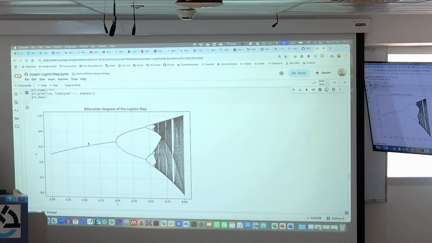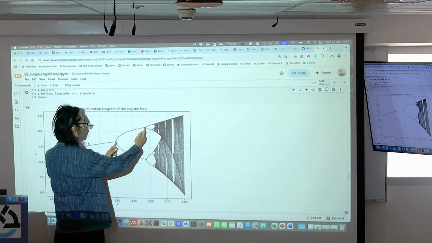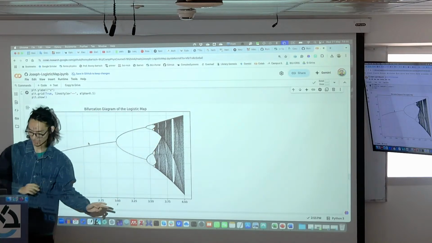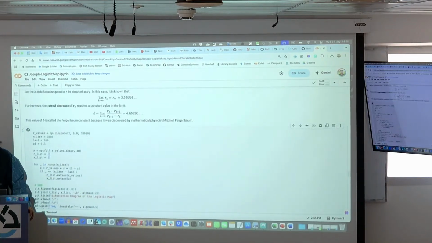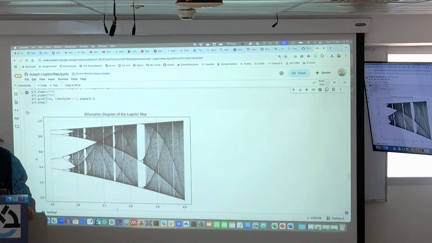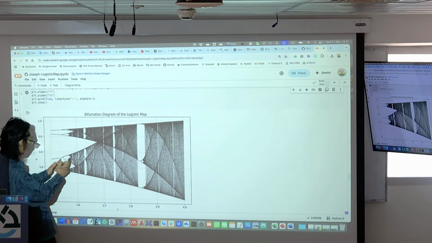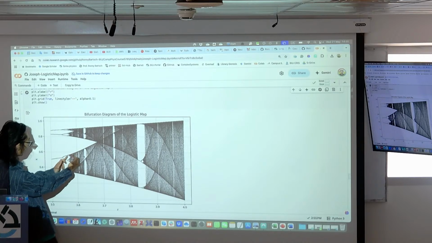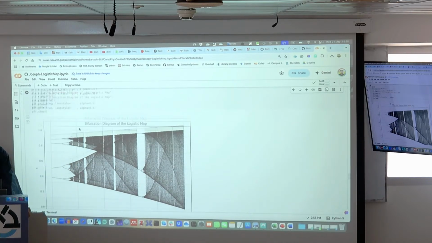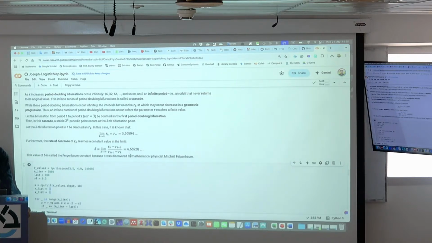If you see the ratio between this and this smaller one, and you zoom in, you find the ratio is a constant called the Feigenbaum constant. It's 4.669. So that explains why the logistic map is a fractal picture.